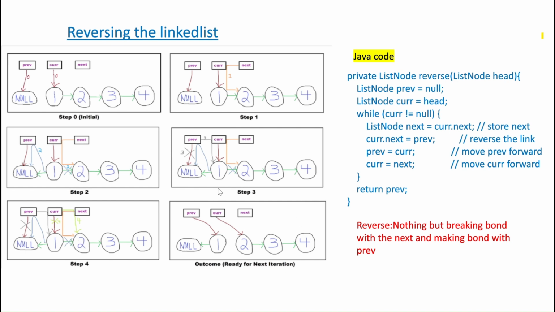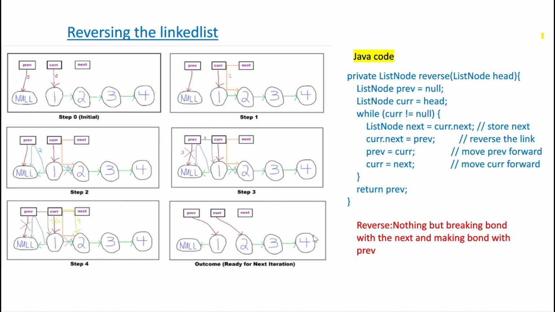Now, finally, after completion of running these four steps, they are here. Previous is pointing to 1, current is pointing to 2, and next is declared. And when it runs like this, it's going to point to 3, and again this type of loop is going to run.